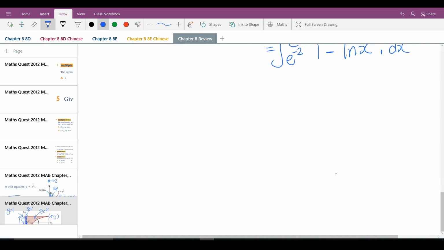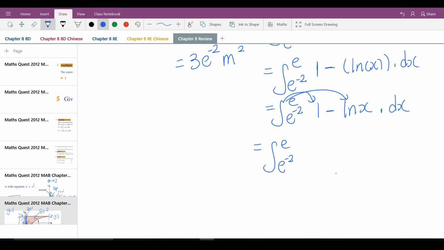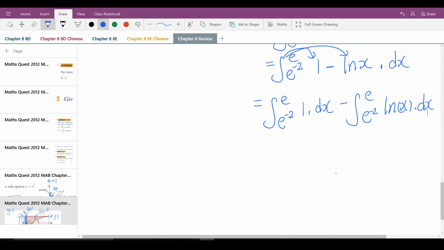All right, now remember, you can distribute the integral sign into both of them, making them look like that. Now, we know that integrating 1 with respect to x just gives you x.